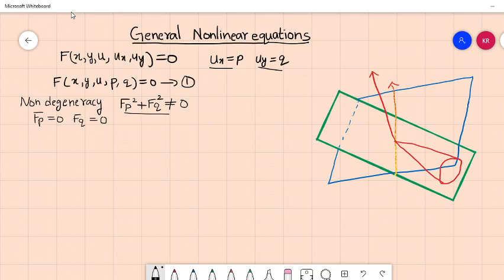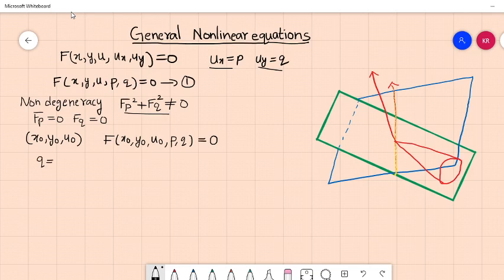So this is the non-degeneracy condition. Now we take a point x naught, y naught, u naught, a fixed point on the surface. Then we have the equation f of x naught, y naught, u naught, p, q equal to 0. Now you can see that this is an implicit relation containing p and q. So from this relation, using the implicit function theorem, we can write q as a function of p.